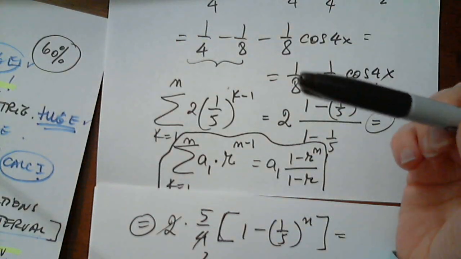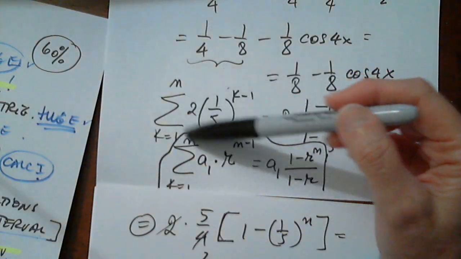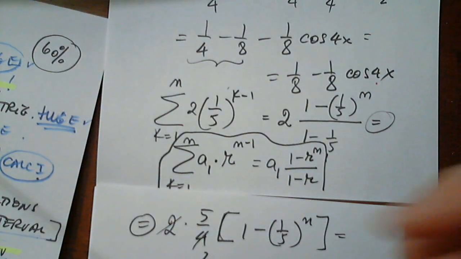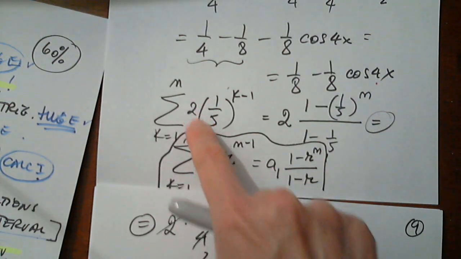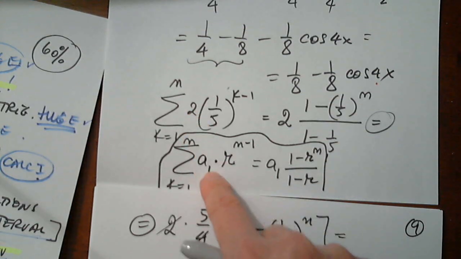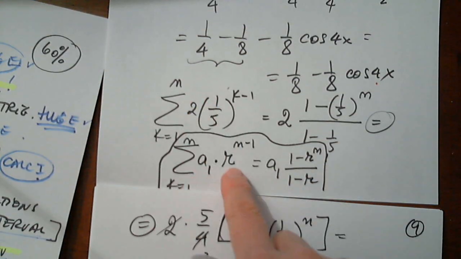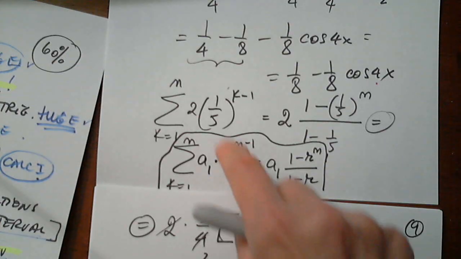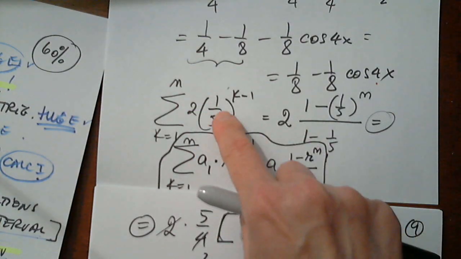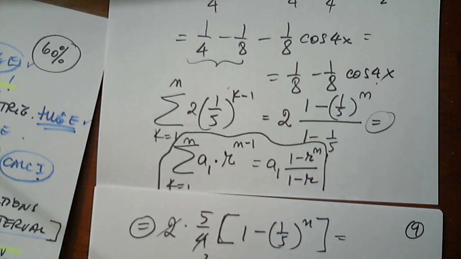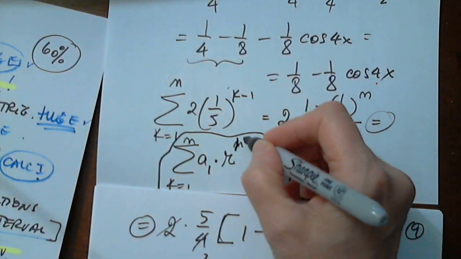So again, this is a geometric series. By comparison, just by looking at what we are given and comparing to the general form, this must be the first term, 2. Of course I meant to write k here.